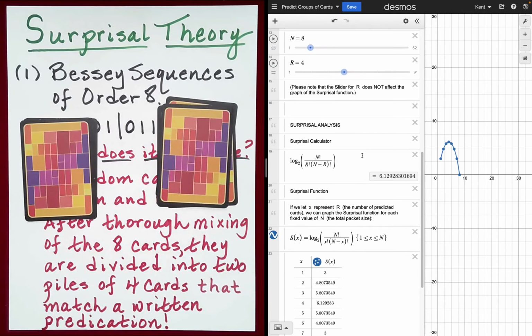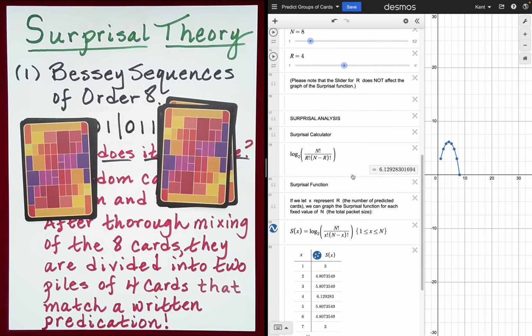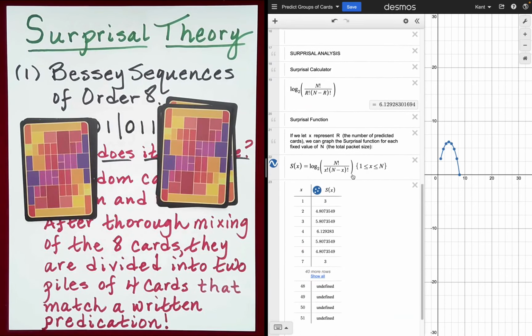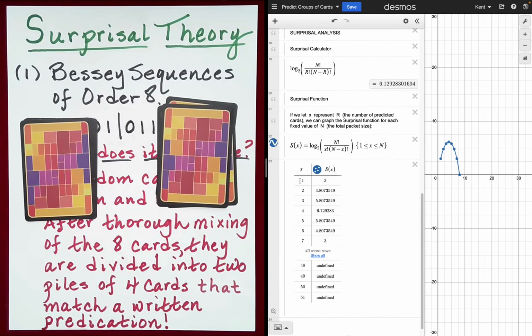And then what we've done below here is I've gone ahead and graphed it for various values. And remember, X represents how many cards, or the size of the group that we're selecting. So we, right now, are focused on selecting 4 cards out of the 8-card packet. And so there we go. There's our surprisal value that we saw earlier.